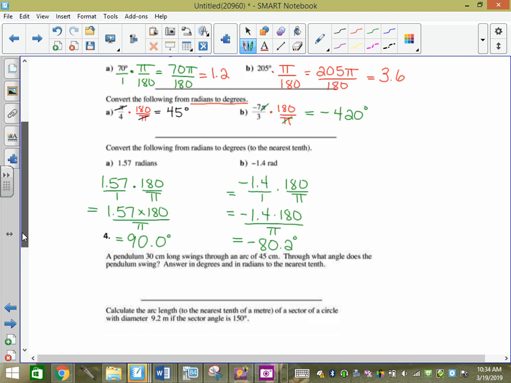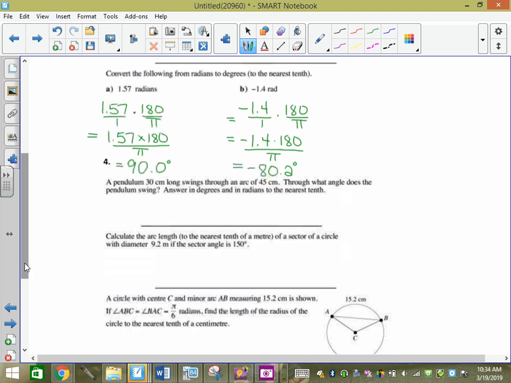All right? The next thing we do this lesson is kind of a standalone lesson that just pops up all the time. We practice questions with it, but it's a standalone little piece.